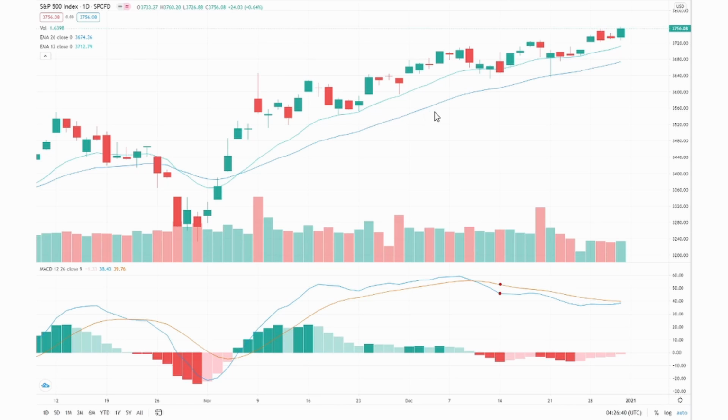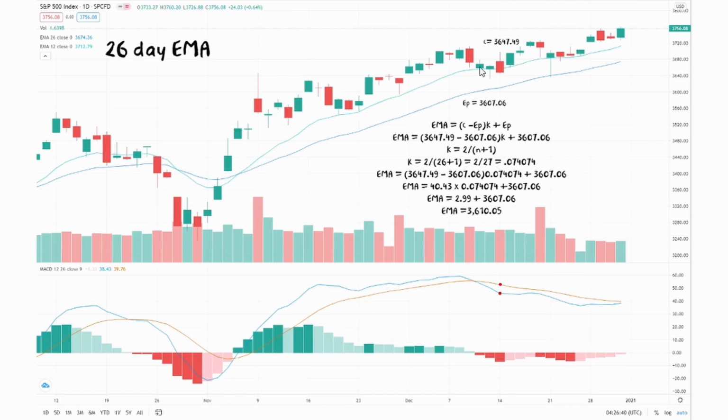The 26-day EMA is this dark blue line here, and the 12-day EMA is this light blue line here. If you'll remember, we'll get this point by subtracting the 26-day EMA for December the 14th from the 12-day EMA for December the 14th. So let's begin by calculating the 26-day EMA for December the 14th.